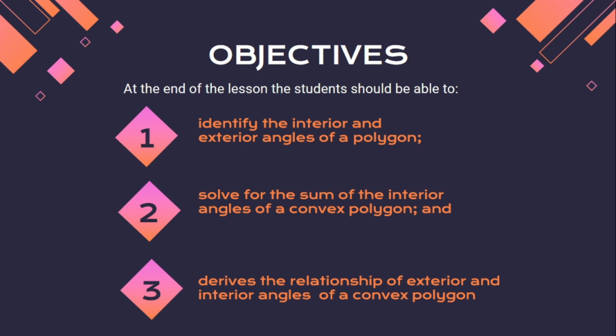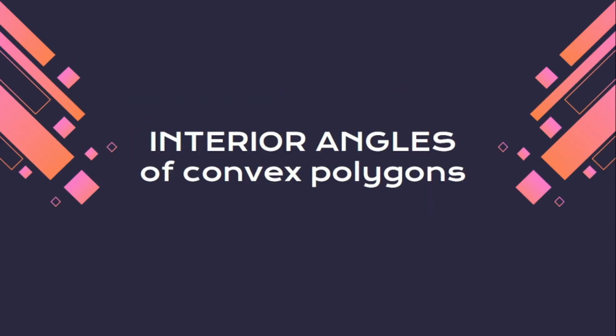Okay, you already know the difference between a convex and a concave polygon. We discussed that last time. So let's talk about the interior angles first of a convex polygon. Last time we said that interior angles are the angles inside the polygon itself.